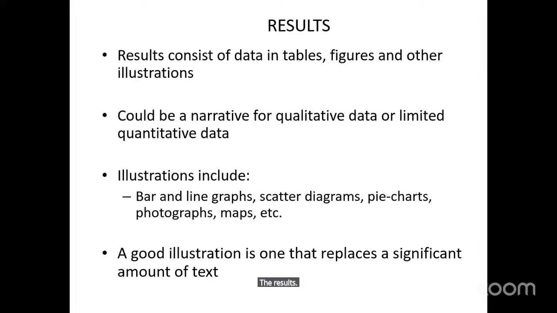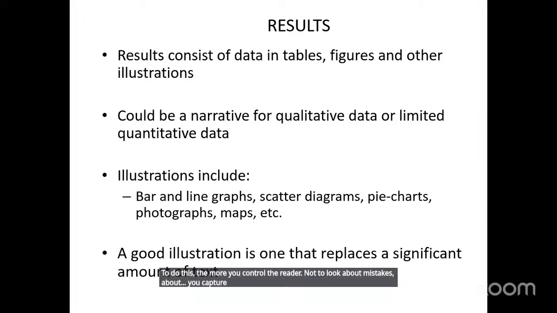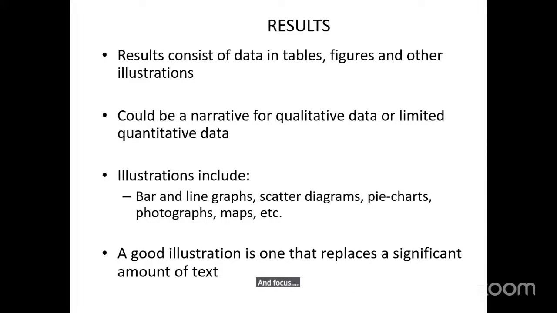And the more capacity you have to do this, the more you control the reader, not to look about mistakes. You capture the reader's attention and mind and focus to follow the way you are thinking, the way you perceive this particular problem that is under discussion.